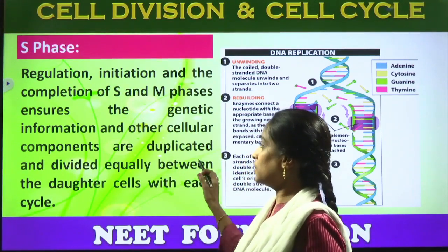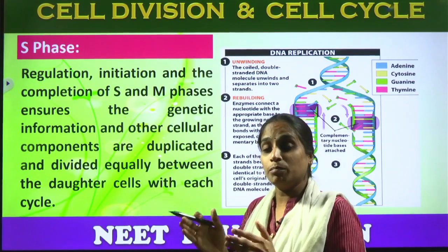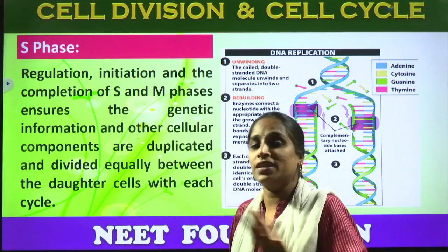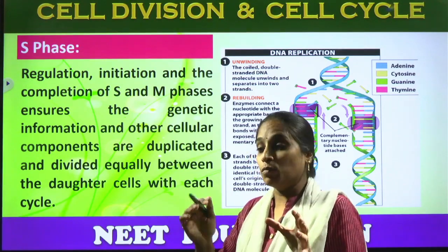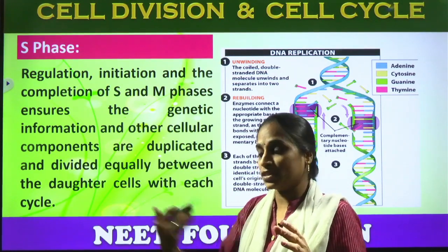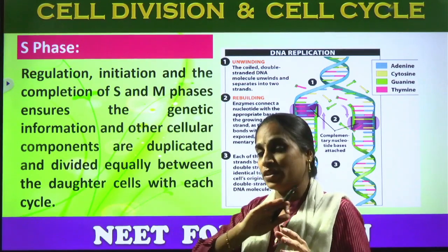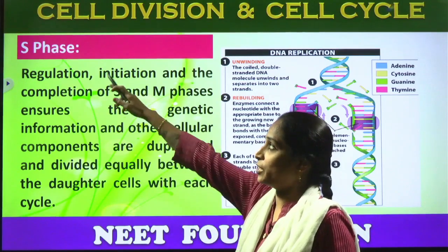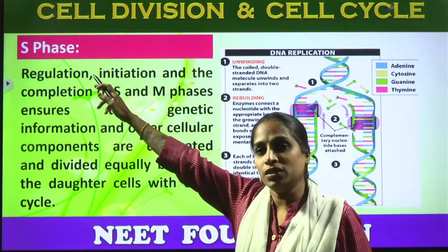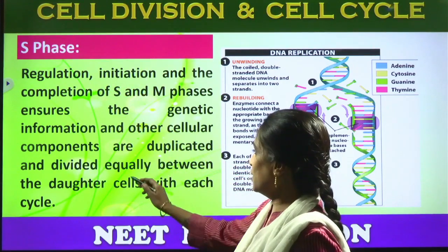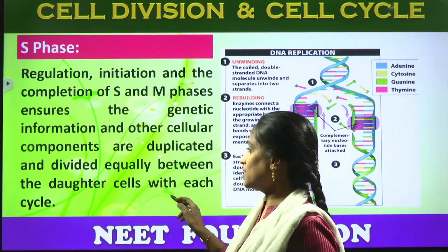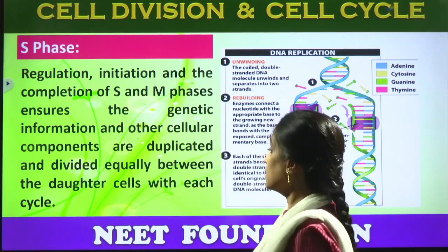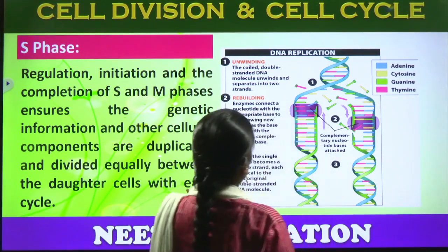After that, maintenance of the number of chromosomes plays a very major role. There is no abnormality, no over-segregation or under-segregation of chromosomes in mitotic cell division. So it plays a very major role as one phase of the interphase, and this is equally distributed between the daughter cells in each cell cycle, the cell division.